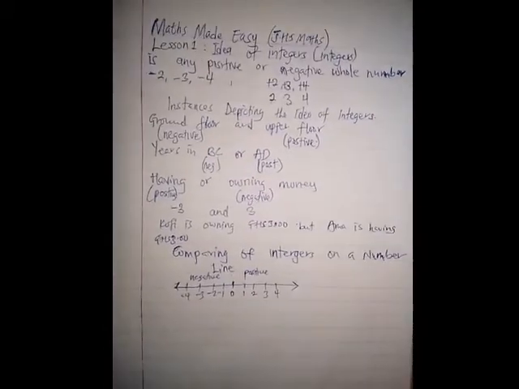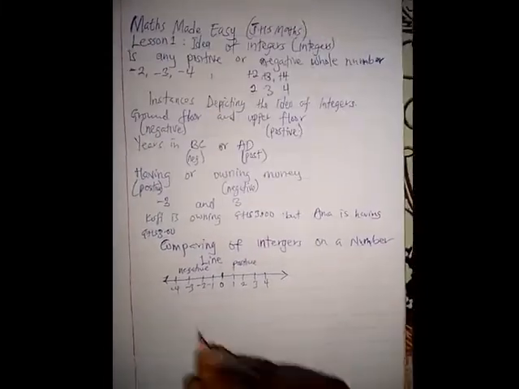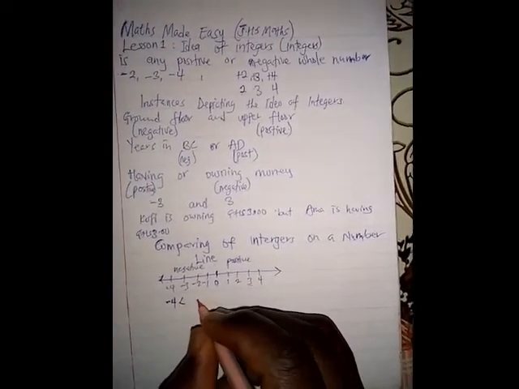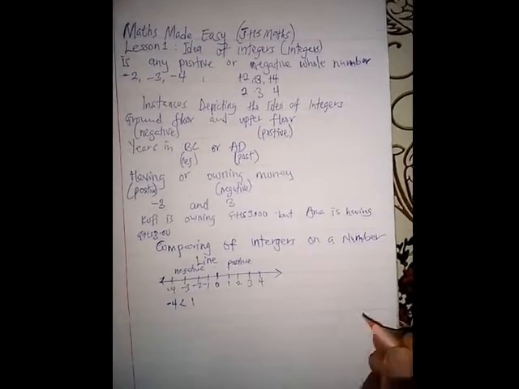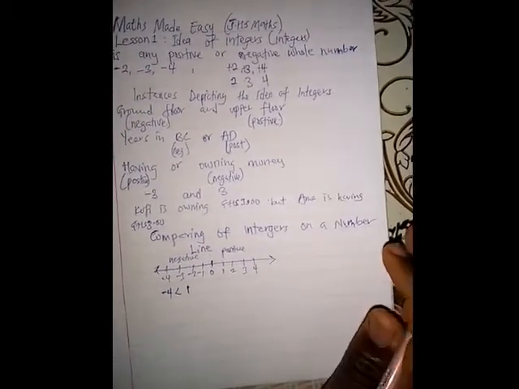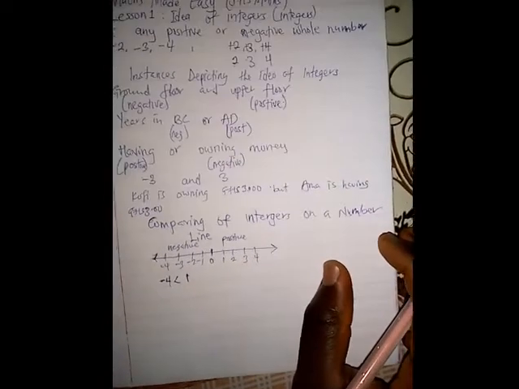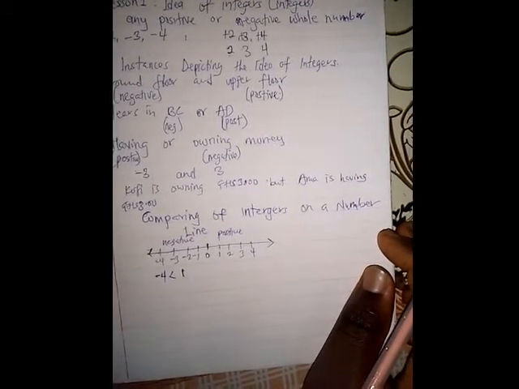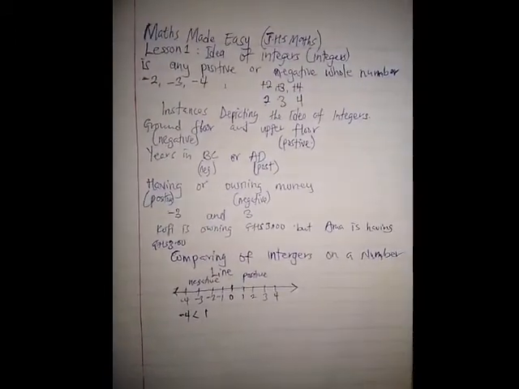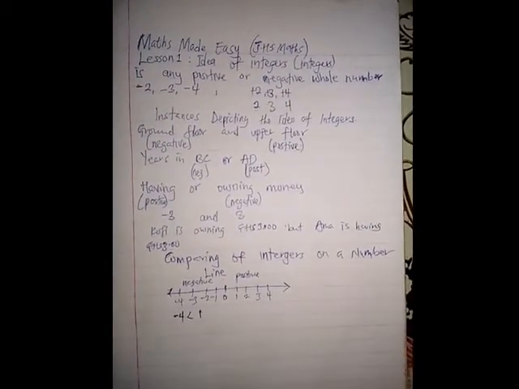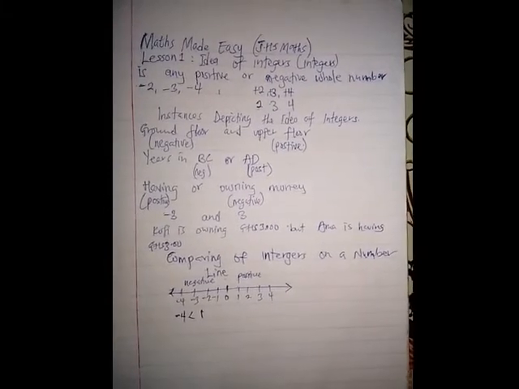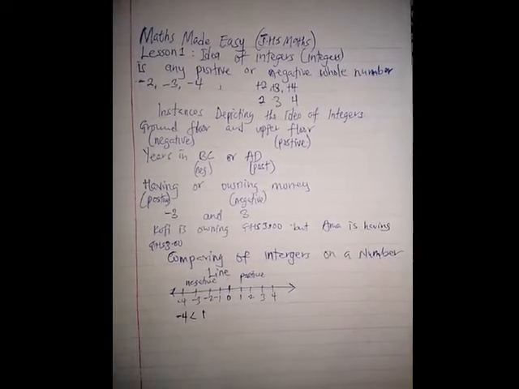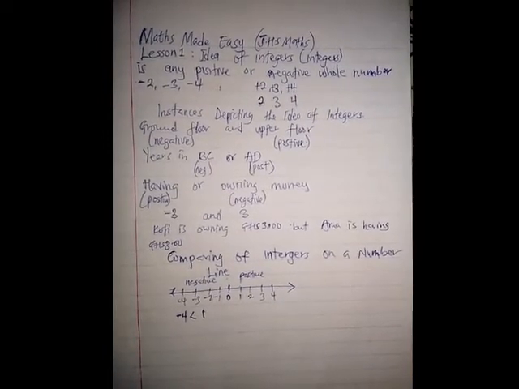So if you know this, then it means that -4, which is on the left side, is less than 1. The number line depicts that any number which is on the left side of the 0, as I said, the 0 being the center or middle of the number line, is less than that of the right side.